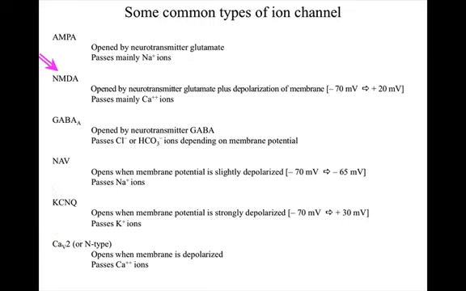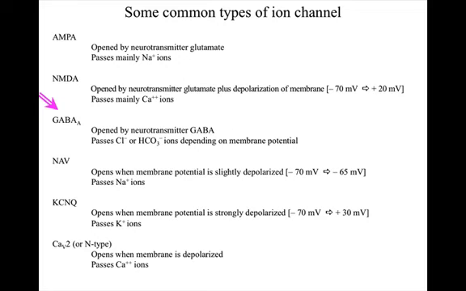And the NMDA channel will only open if there's a combination of both. As we'll discuss, the AMPA channel is the primary channel responsible for the excitatory effects of the glutamate neurotransmitter. The NMDA channel, also responding to glutamate, is critical to changes in synaptic weights.